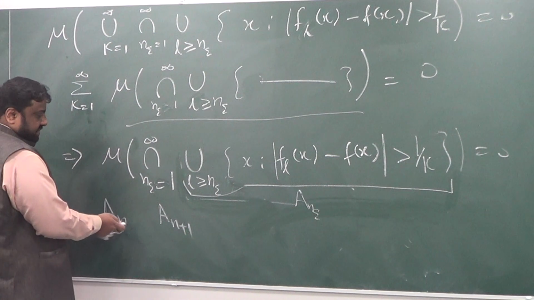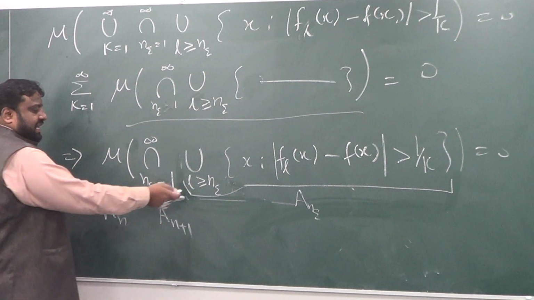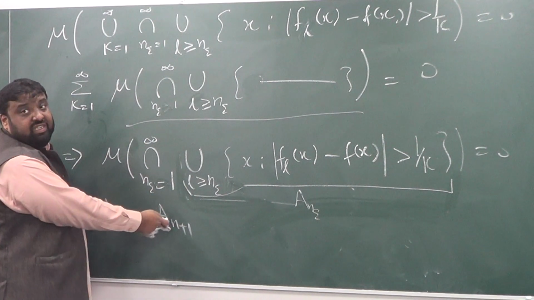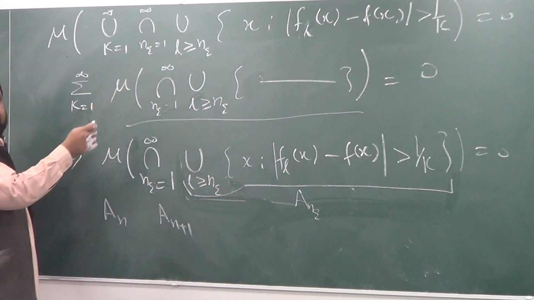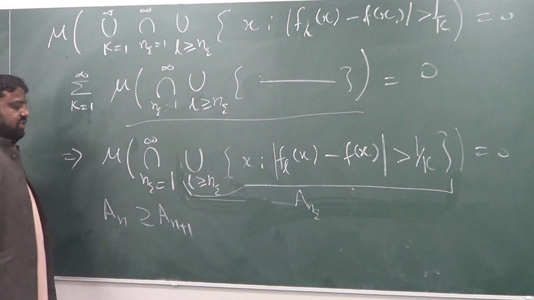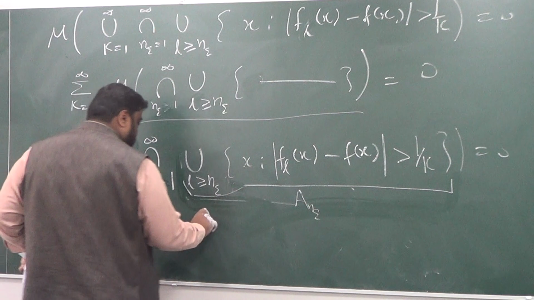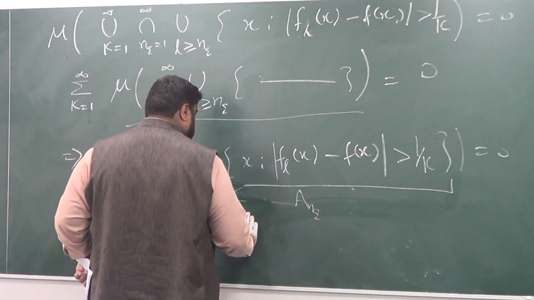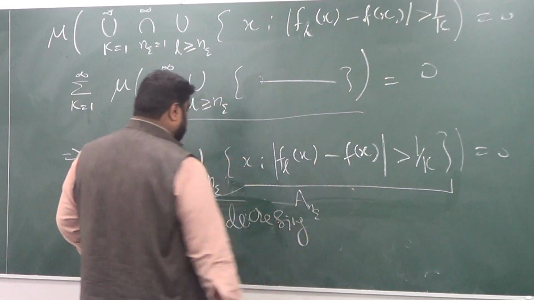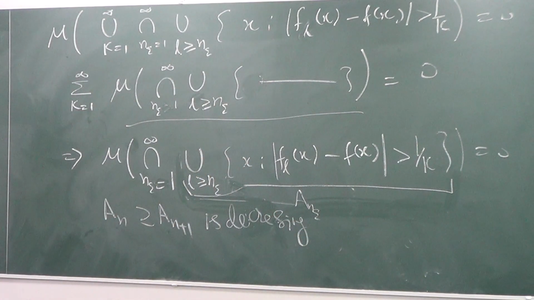Because for A_n, L is starting from n and going onward, and for A_(n plus 1), L is starting from n plus 1 and going onward. So this sequence is decreasing. Are you getting the point?